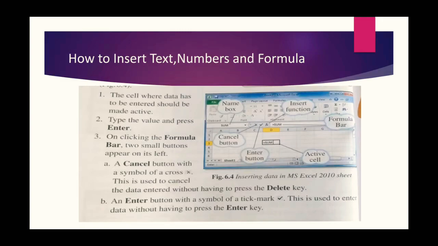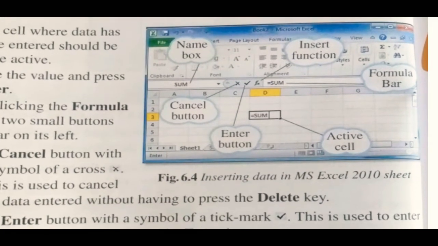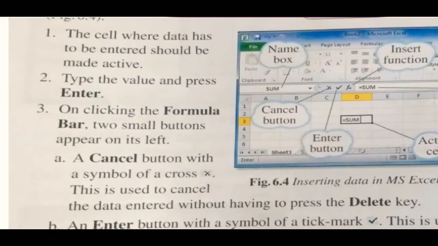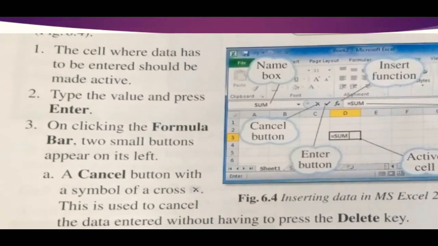Follow the steps to enter text and/or number in an MS Excel 2010 worksheet, as in figure number 6.4. The cell where data has to be entered should be made active. Type the value and press Enter.